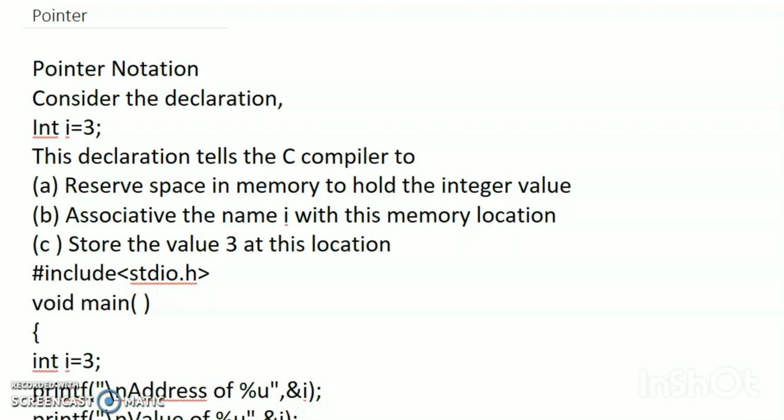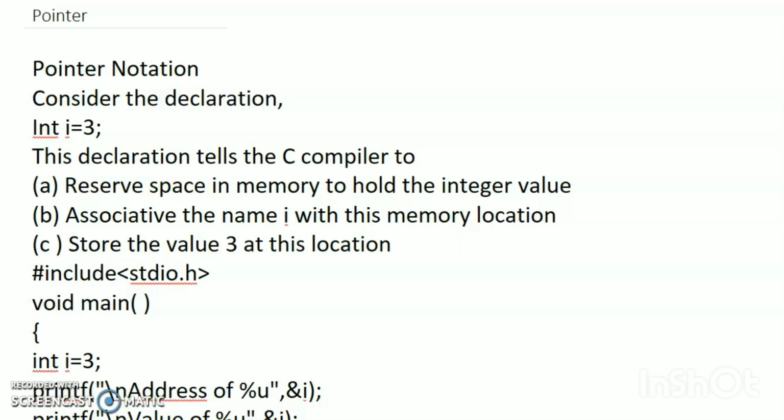In our discussion of C pointers, therefore, we will try to avoid this difficulty by explaining pointers in terms of programming concepts we already understand. The first thing we want to do is explain the rationale of C's pointer notations. Consider the declaration int i = 3.